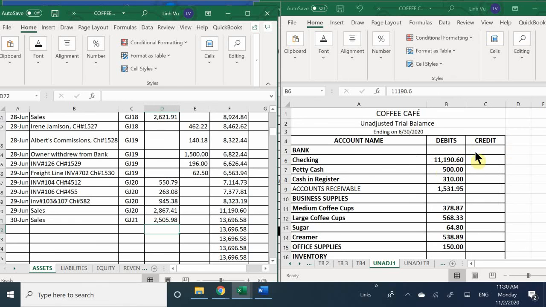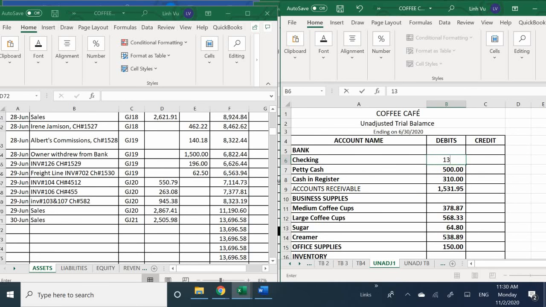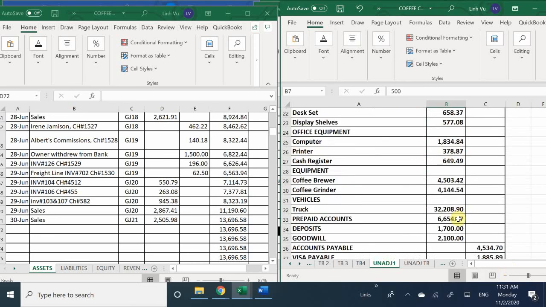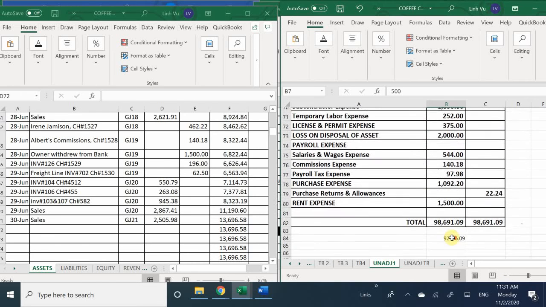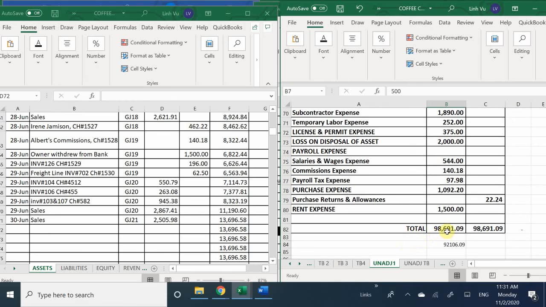So it should be correct. Yes, so now I should be 13,696.58. So therefore, my stuff should balance 100% with 98,691.09. So I didn't place in my checking right here, so that's one thing I didn't do. So there you go. Thanks for finding it out.